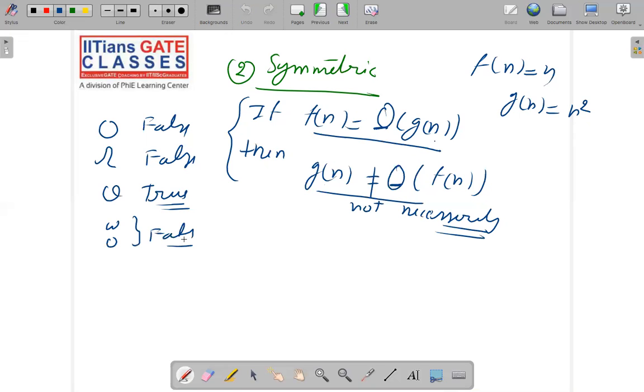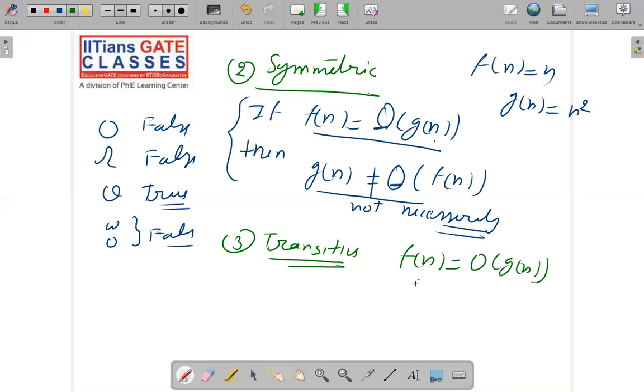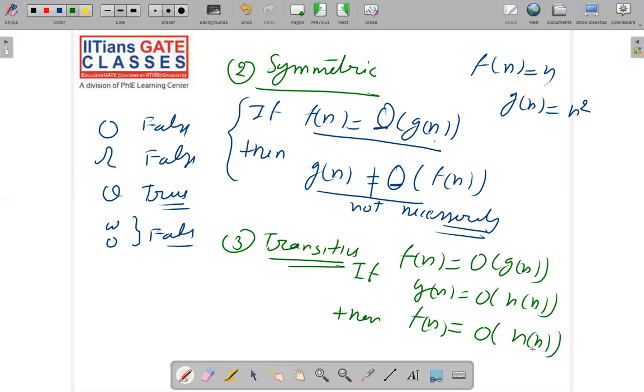So the next property would be transitive. Third one is transitive. In case of transitive, we are saying that if Fn equal to order of Gn and Gn is equal to order of Hn, if this is true, then Fn is equal to order of Hn.